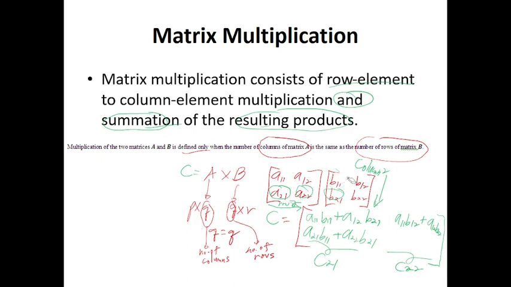So, A21, B12 plus A22, B22. Okay? Ayun, no? So, kompleto na. Yan na yung matrix C with the new elements C11, C12, C21, C22.